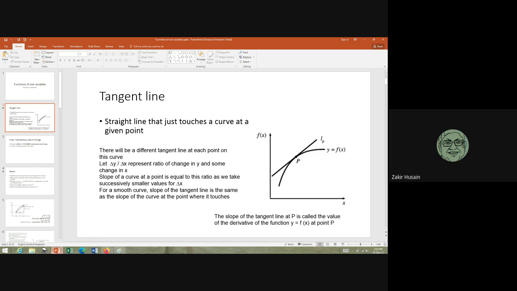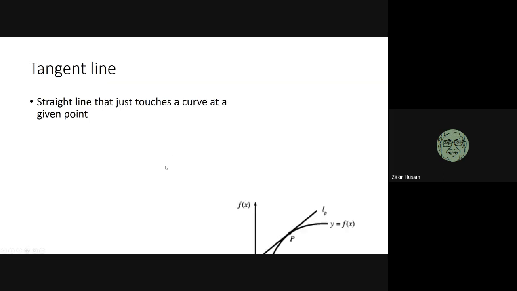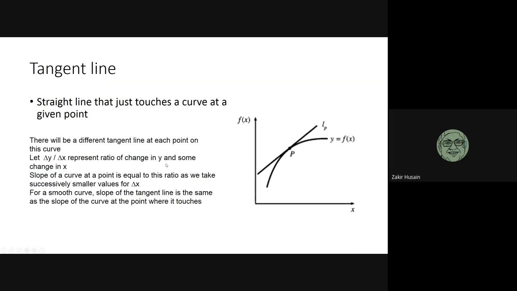So del y by del x represents the ratio of a change in y and a change in x. The slope of a curve at a point is equal to this ratio when del x is very small. In other words, this ratio will approximate the slope the more we reduce the value of del x.